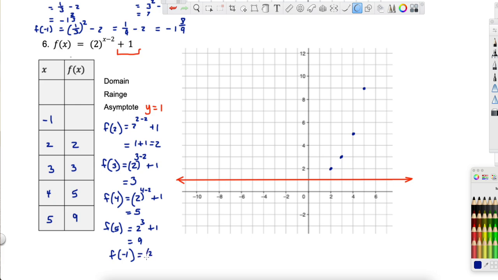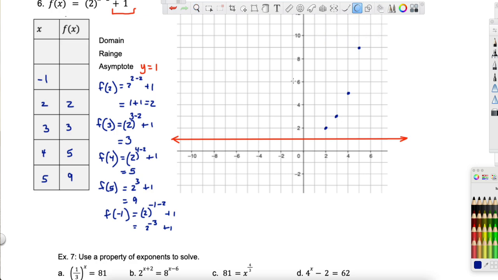Two to the negative 1 minus 2 plus 1. That's negative 3. Sorry, 2 to the negative 3 is the same as 1 over 2 to the third, because I'm making it positive. And that's 1/8 plus 1, which is 1 and 1/8.